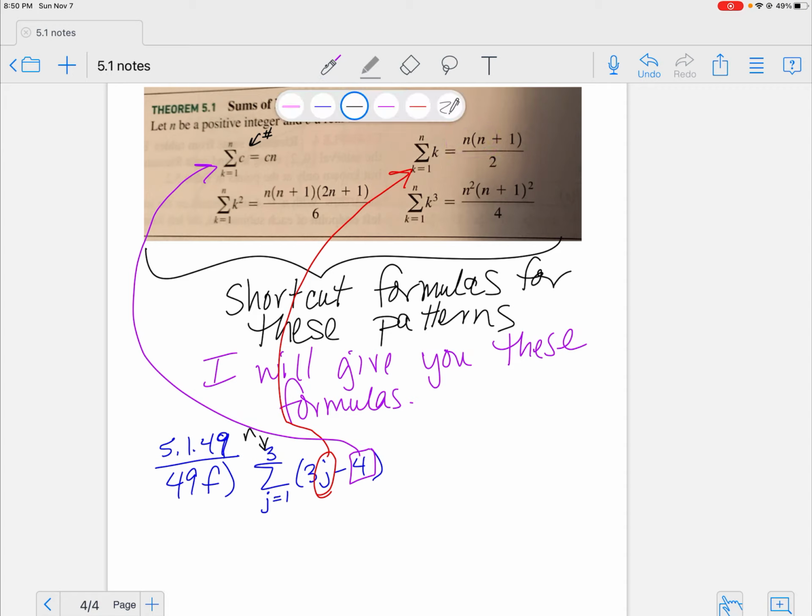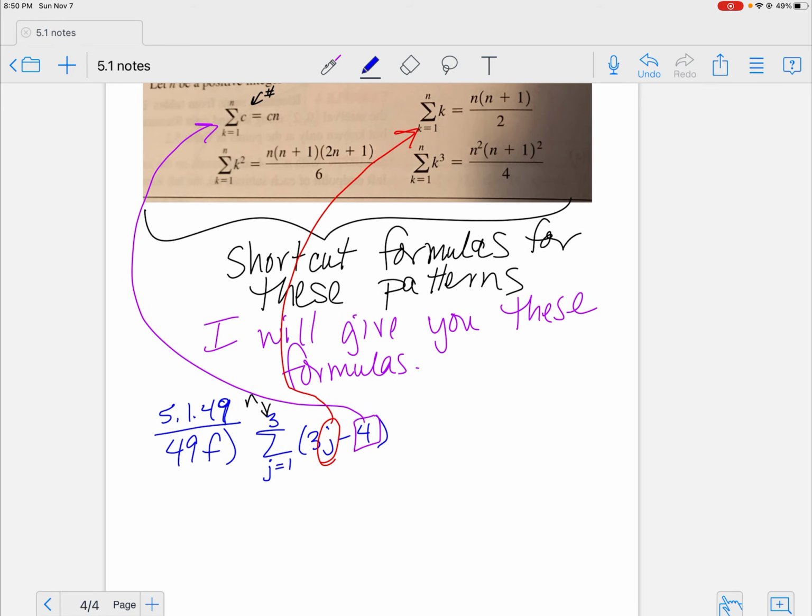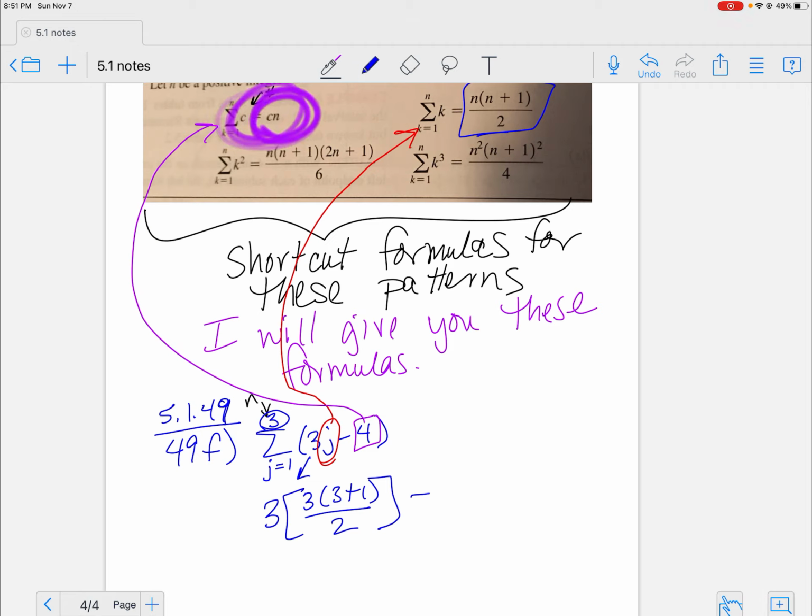All right. What are we on? Blue. Let's go back to blue. So here, I'm going to scoot this up just a little bit if I can make it work. We've got 3, because that's just my number here, and then I plug into this formula. So I've got n, which is also a 3. So I've got 3 times (3 plus 1) over 2 minus, and then I'm plugging into my formula right here, 4 times n.